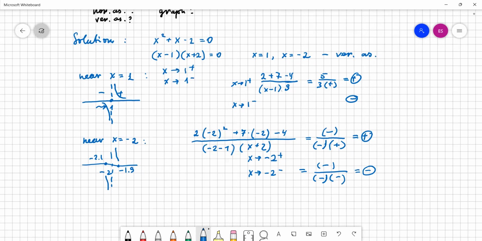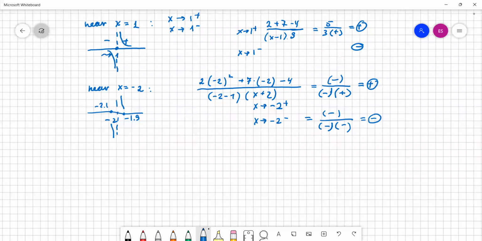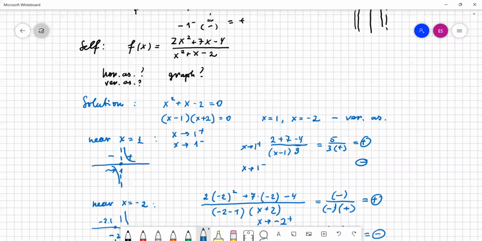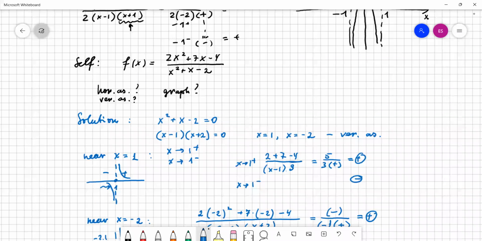Now, I'm just going to graph my horizontal asymptote and my approaches to the vertical asymptotes. Graph, so where is my horizontal asymptote? Oh, I did not calculate my horizontal asymptote actually. So I'm going to write down the horizontal asymptote right over here, because the powers are the same.